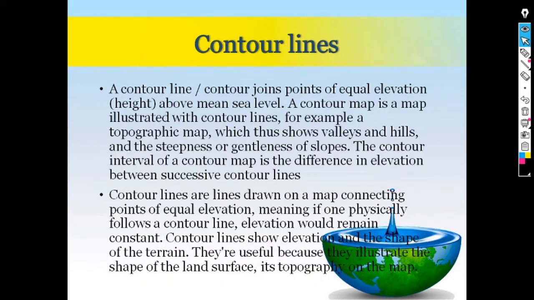Now let's discuss contour lines. If on a map we have to locate some place, we locate it with the help of latitude and longitude. On a two-dimensional map, we now have to also represent the elevation or height of the places.